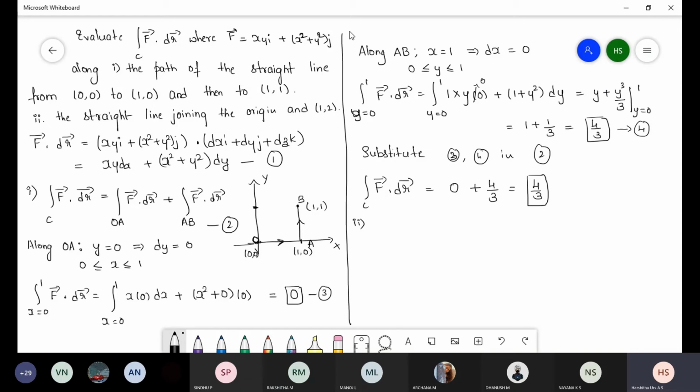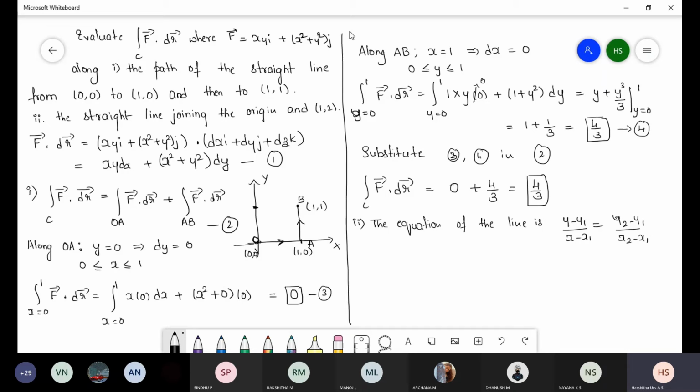The straight line joining the origin 0, 0 to 1, 2. Here we have to write the straight line equation. The equation of the line is y minus y1 divided by x minus x1 equal to y2 minus y1 divided by x2 minus x1.